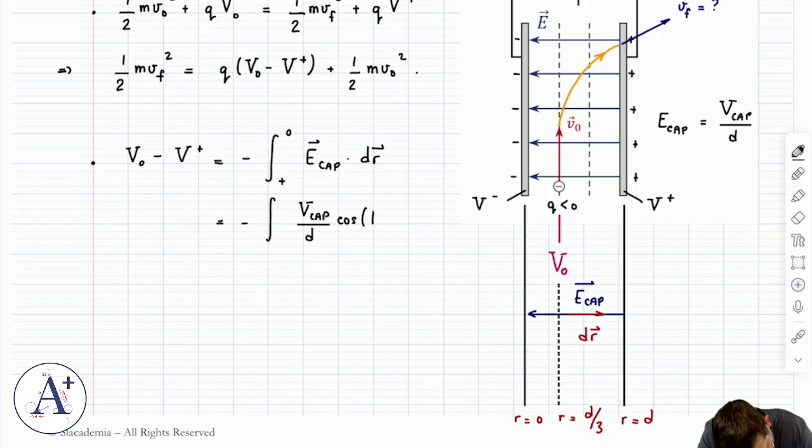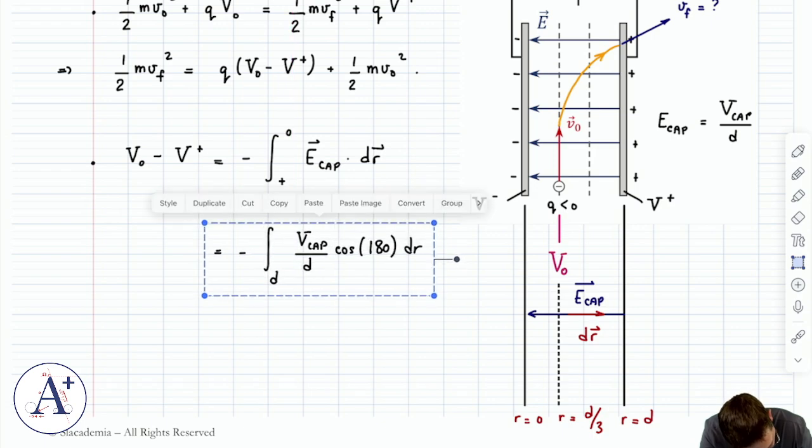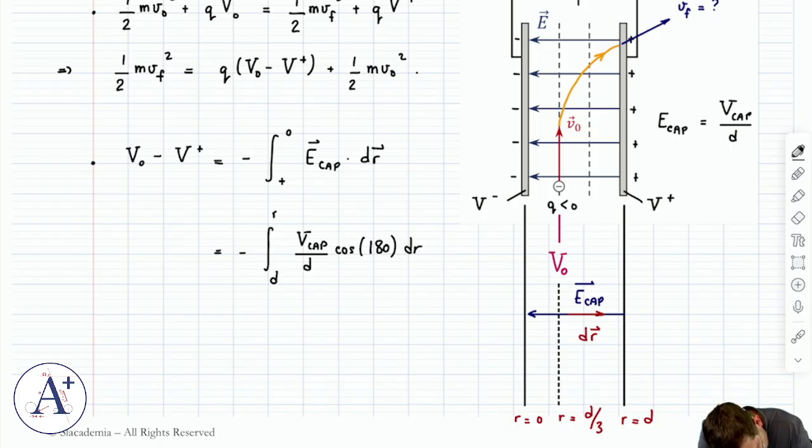Cosine of the angle between E cap and dr, which is 180, and they point in opposite directions, so the angle between the two is 180, dr. And then plus here refers to this plate, so this is going to be from d to 0, which refers to this location, that is d over 3. And so maybe I just lower this so that we can see this properly. This is going to be d over 3.